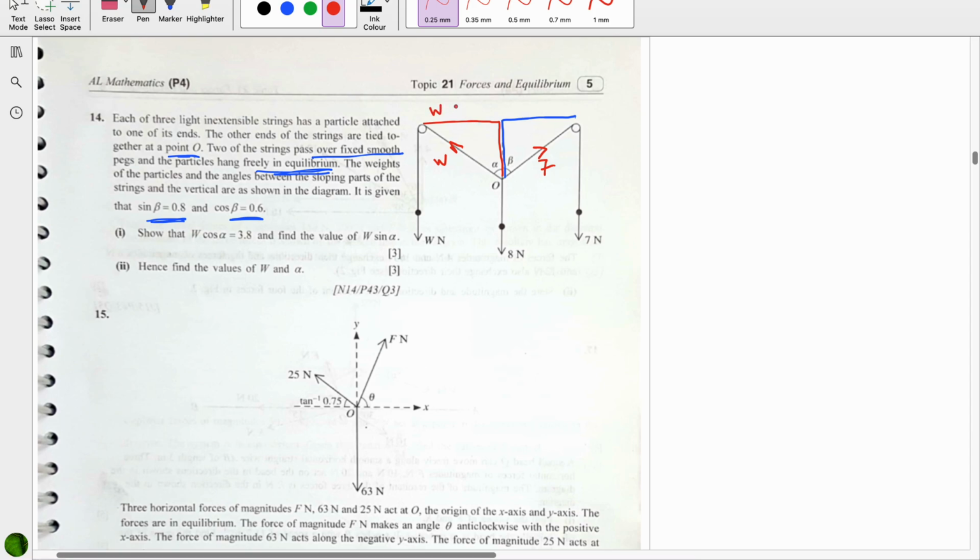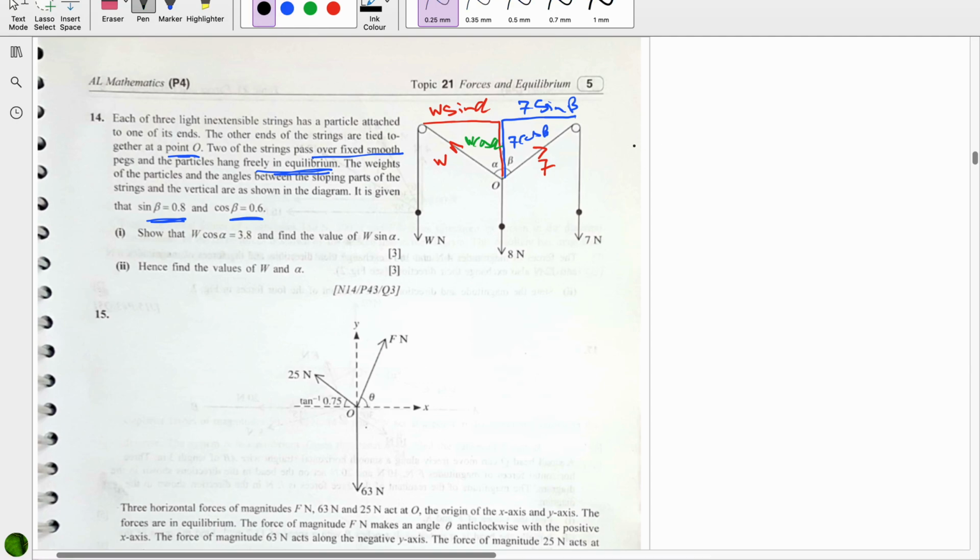This becomes W sine alpha. On the other side, this is 7 sine of beta, and the vertical in red is W cos of alpha, and vertical in blue is 7 cos of beta.